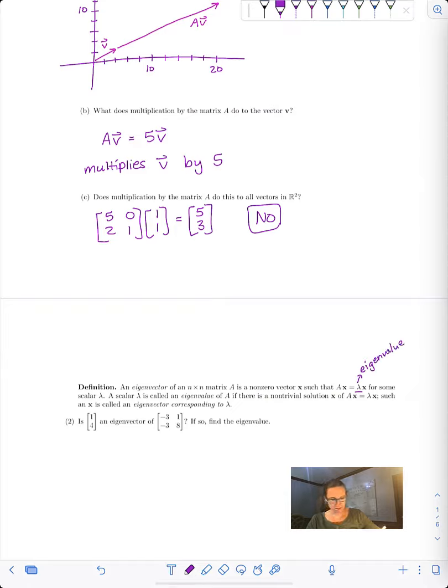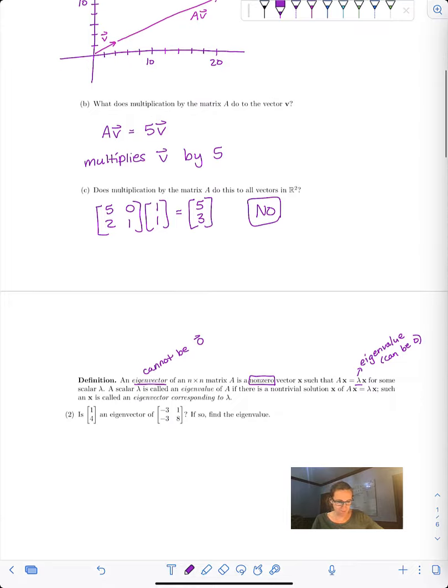One subtlety that's important to remember is eigenvectors cannot be 0, but eigenvalues can. So eigenvalues can be 0, but eigenvectors cannot be the 0 vector. We'll talk about why not, but the main idea is that if you multiply the 0 vector by a matrix, you always just get back the 0 vector, so it's essentially trivial.